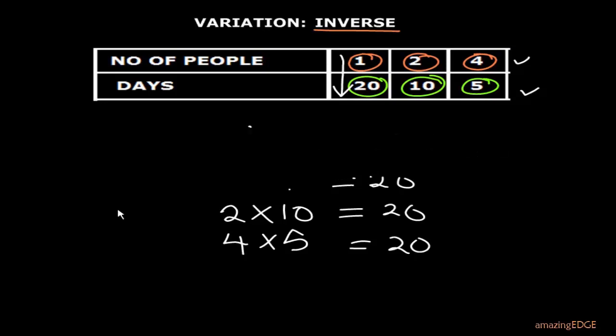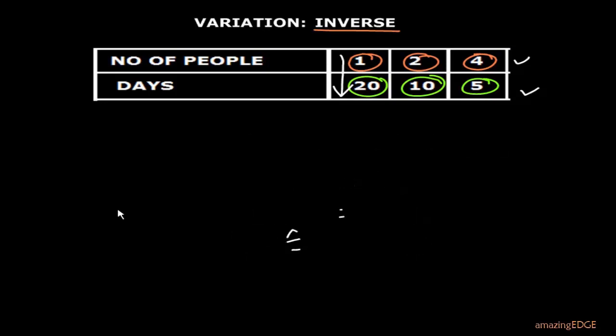So having illustrated that, how do we represent this mathematically? That's what we'll be looking at now. I'm using n to be the number of people you put in the farmland. This will have an inverse variation. How do you represent inverse variation? Remember that if you have 2, the inverse of 2 is 1 over 2.